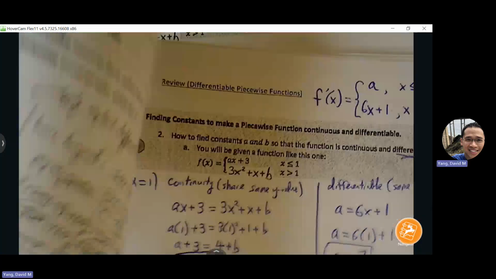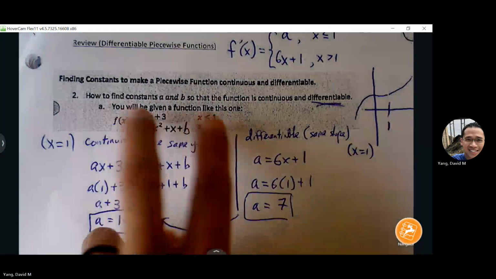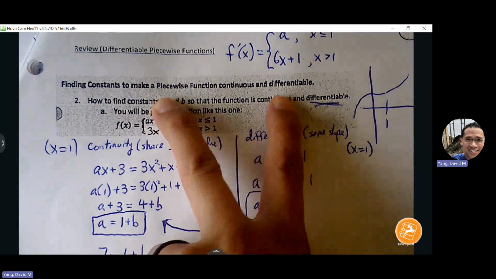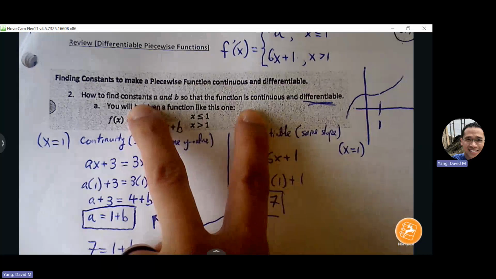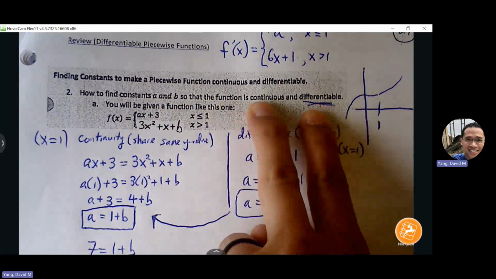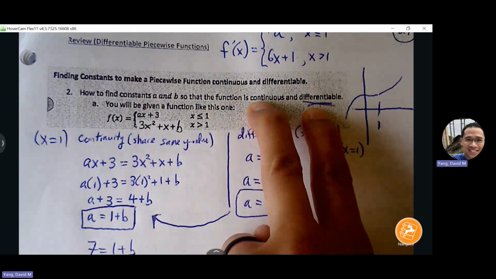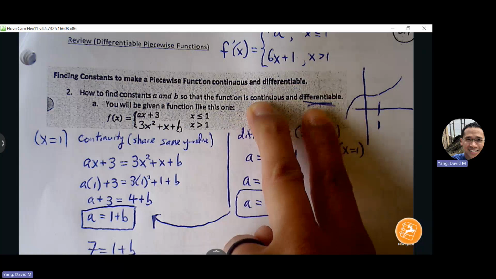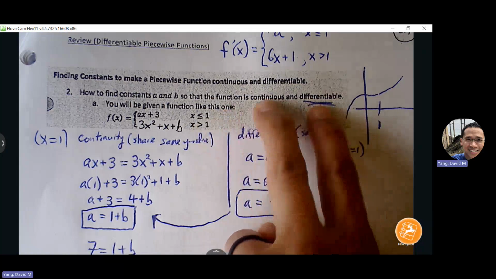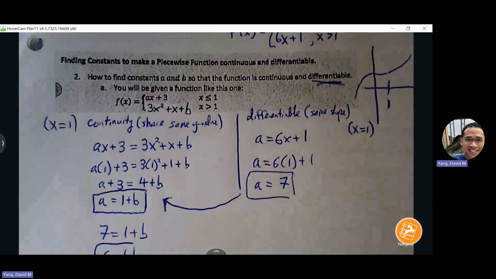And then another big topic is this right here. If I give you a piecewise function, and if I ask you to find a and b, and if I tell you that this function is continuous and differentiable, there's two things you've got to do.